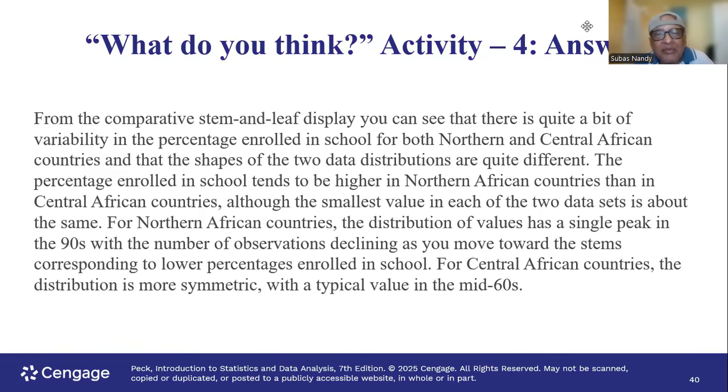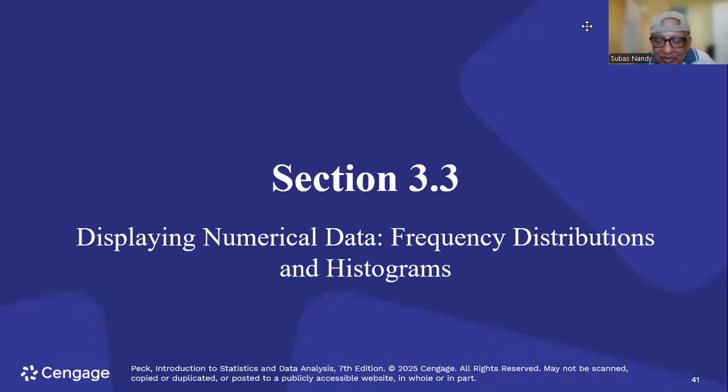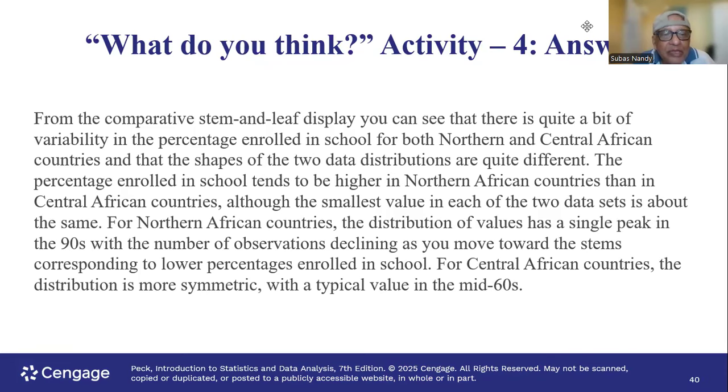From the comparative stem and leaf display, you can see that there is quite a bit of variability in the percentage enrolled in school for both northern and central African countries, and that the shapes of the two data distributions are quite different. The percentage enrolled in school tends to be higher in northern African countries than in central African countries, although the smallest value in each of the two data sets is about the same.